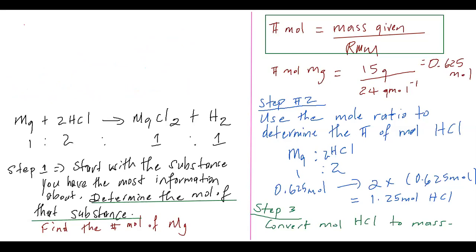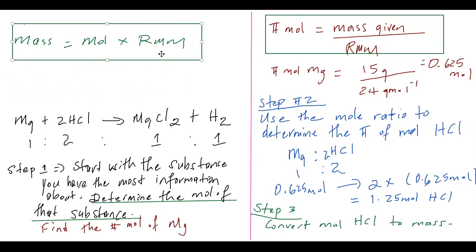Whenever you are trying to find the mass of something, all we're doing is changing this equation around to make mass the subject. So the mass of a substance is equal to the moles times the RMM of the substance. This one equation, we can just shift around in another way, and instead of having moles as the subject, we can make mass the subject.